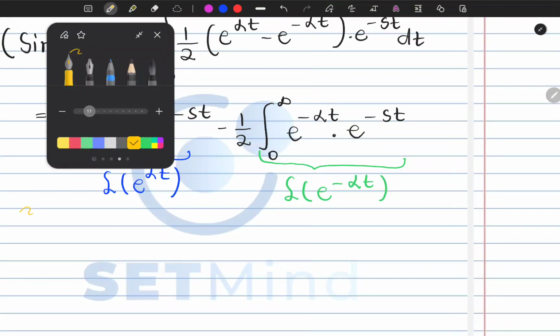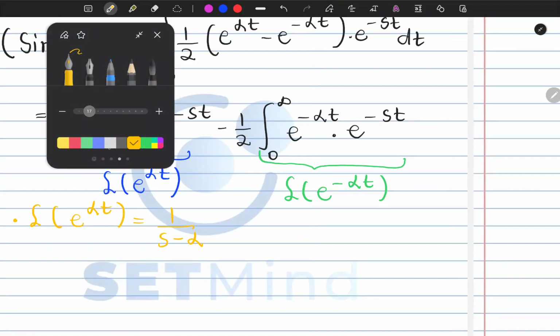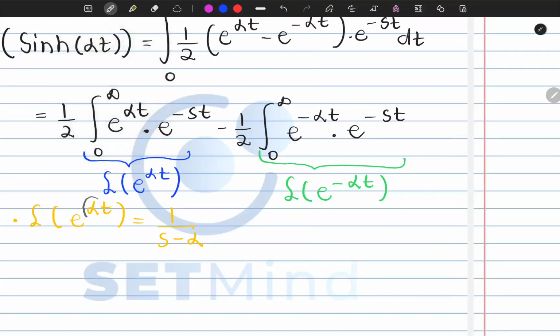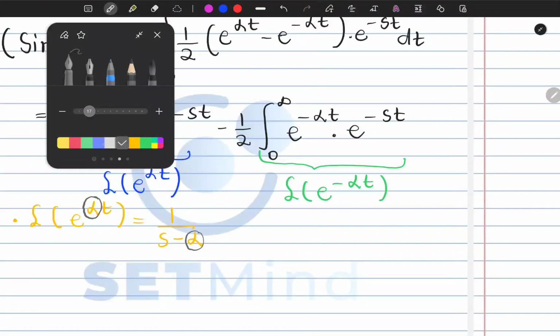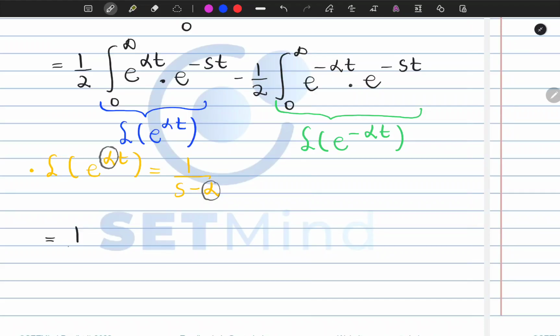Remember what we know: the Laplace transform of e to the alpha t becomes 1 over s minus alpha. So pay attention: whatever comes here, we are going to subtract there. So I will have half of the Laplace transform of e to the alpha t minus half of the Laplace transform of e to the negative alpha t.